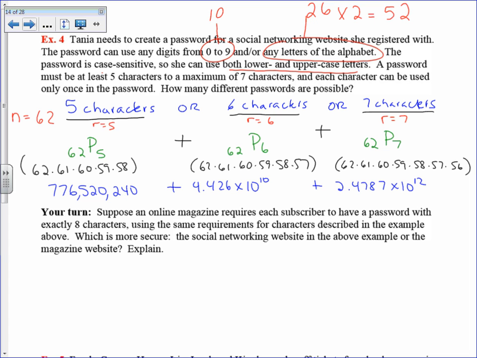And if we add them all together, good gosh, 2,523,690,780,000 passwords she can pick from.